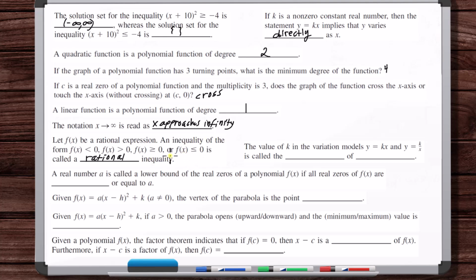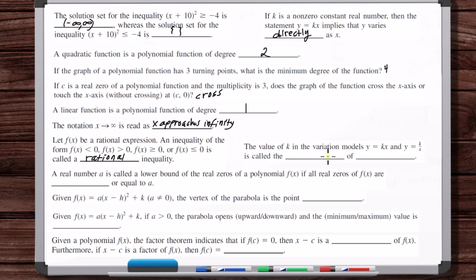The way you look at it is, if you bring everything to one side and have 0 on the other side, and you simplify, and f of x is a distinct type of expression, like a rational expression, a polynomial of degree whatever, or radical, then it's that kind of inequality.